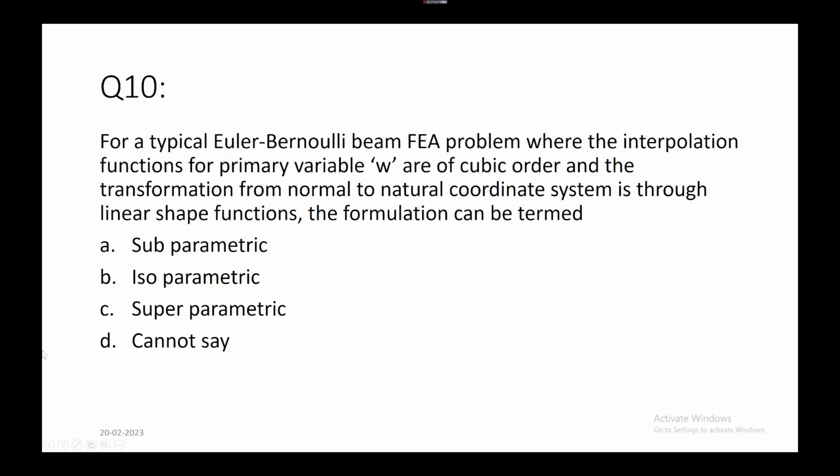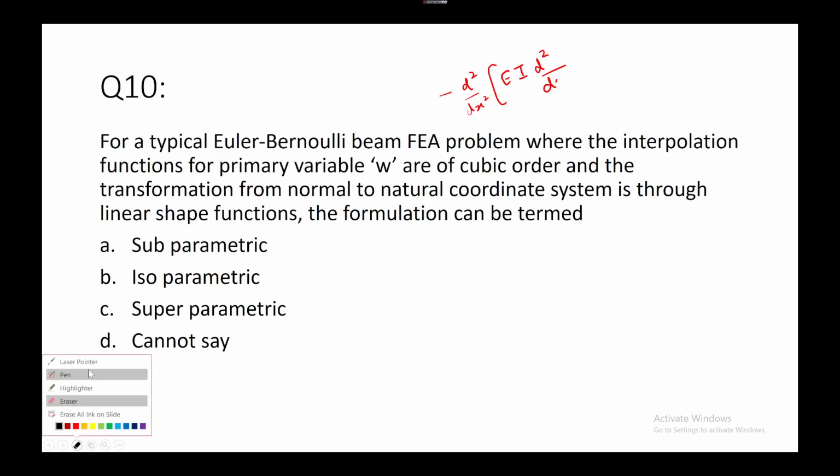Okay, this is question number 10. For a typical Euler-Bernoulli beam FEA problem, if you recall, it would be something like minus d square by dx square of EI d square w by dx square is equal to some q.